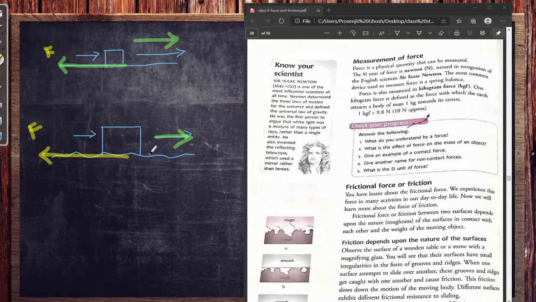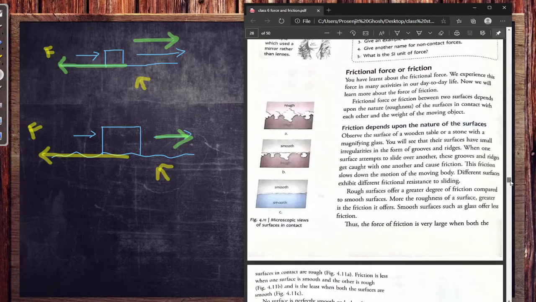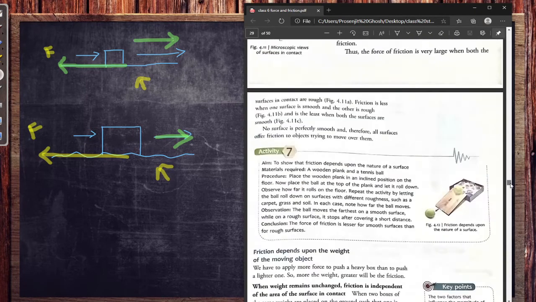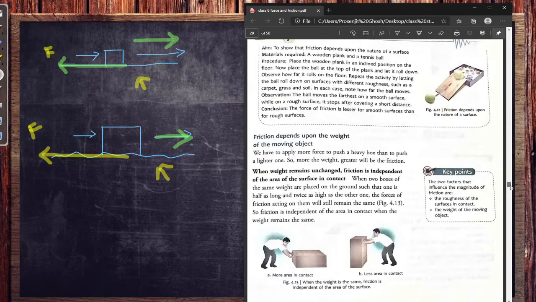So this is the main reason why it feels more difficult to push the body on a rough surface compared to a smooth surface. Remember that friction is always there, either on a smooth surface or a rough surface. But the comparison is that on a smooth surface it is very low, and on a rough surface the friction force is very high. That is the reason behind it.